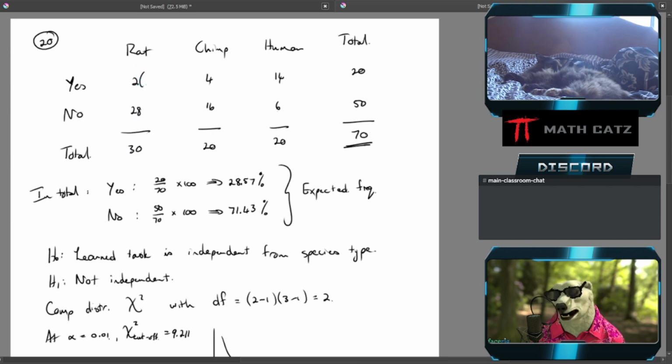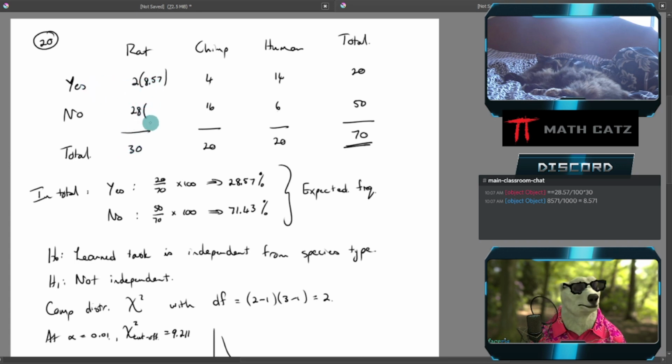So let's calculate that. 28.57 over 100, times 30, and I get 8.57 rounded. So I would expect roughly 8 to 9 rats to fall in the yes column if I have a sample of 30.